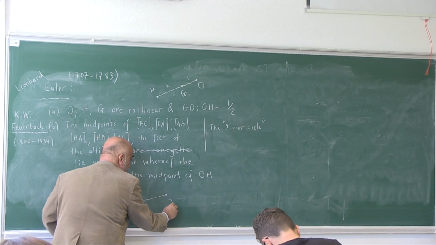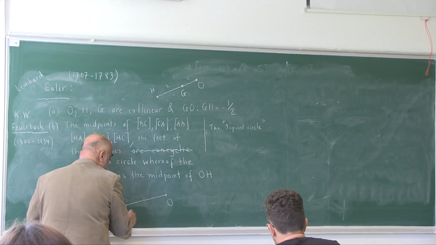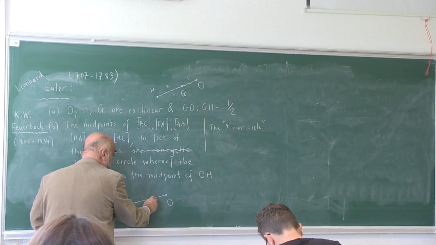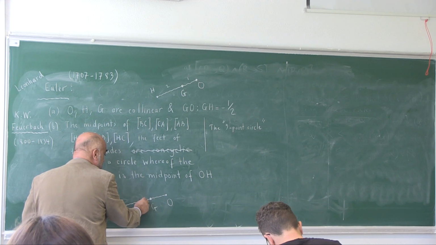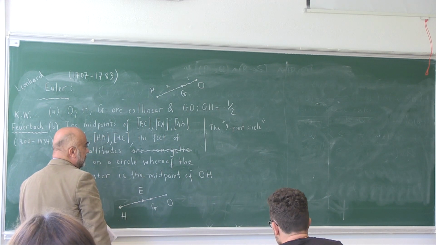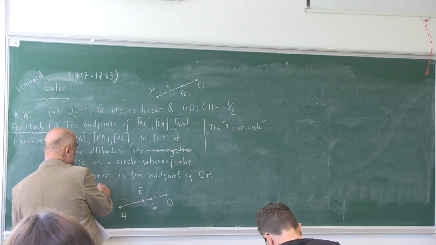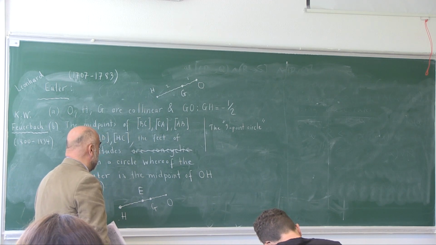That's O, the circumcenter. That's H, the orthocenter. Here, at 1/3 of this interval, you've got G, and right in the middle is the point E, the center of the 9-point circle. So that's the center I shall denote by E.